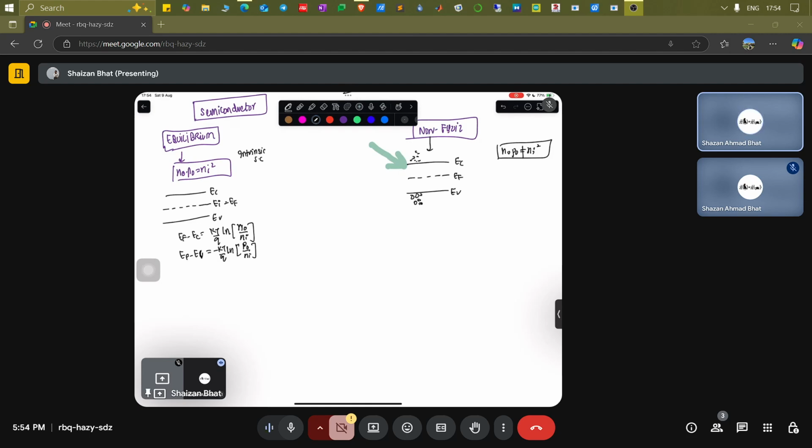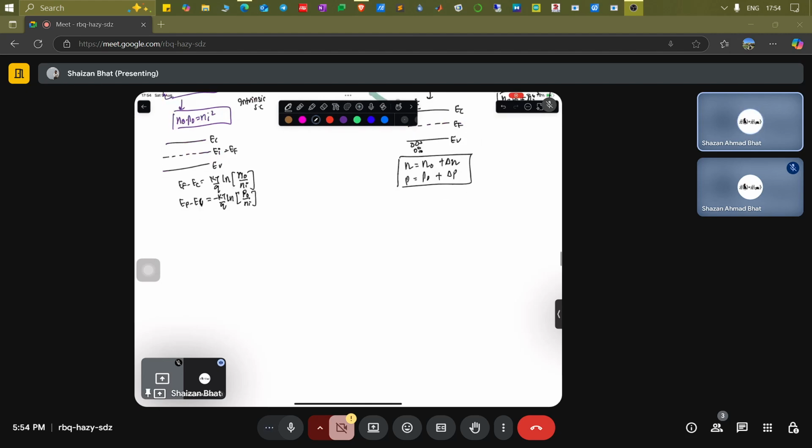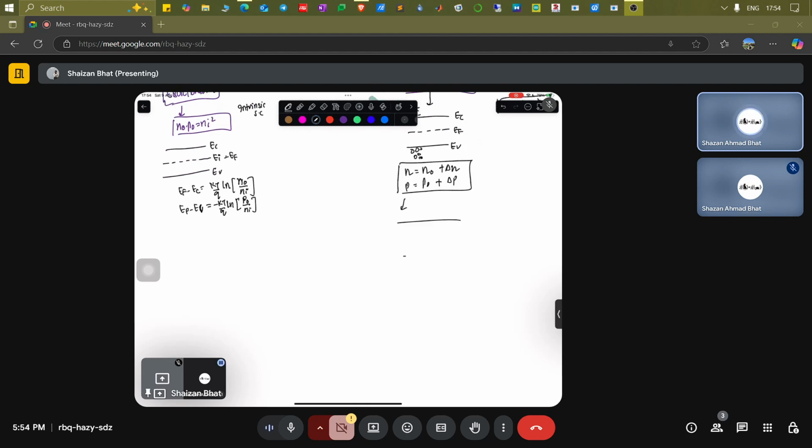Why? Because now the overall electron concentration is the background concentration plus some generated concentration. Similarly, holes are the background plus the generated holes, the change in hole concentration. Because of it, you now have a different scenario altogether.